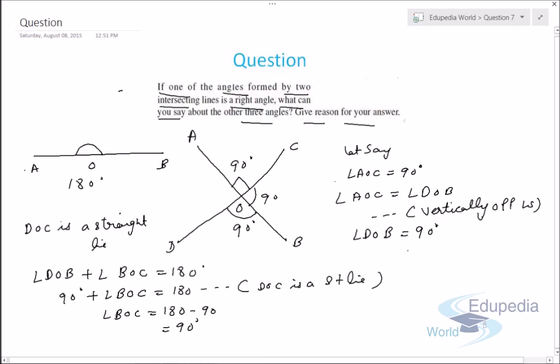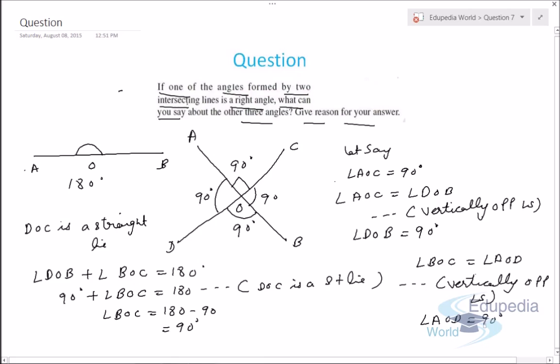Now as we can see, angle BOC will be equal to angle AOD. Why? They are vertically opposite angles. So angle AOD is 90 degrees.